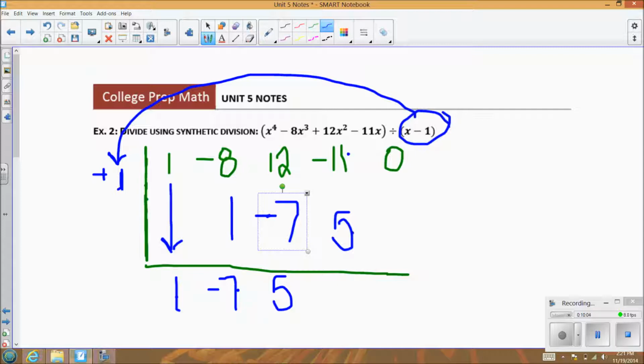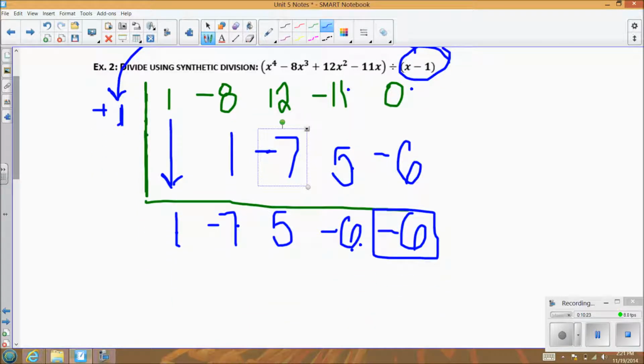Negative 11 plus 5 is going to give me negative 6. Multiply again diagonally, so negative 6 times 1 gives me negative 6. Add, we get 0 plus negative 6 gives me negative 6. So my remainder is this negative 6.